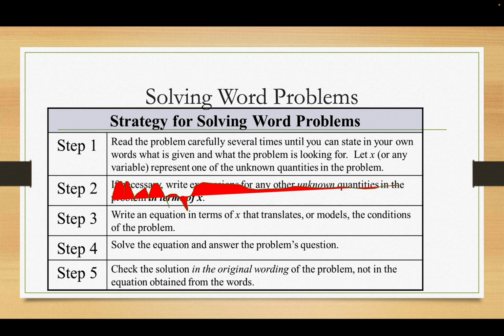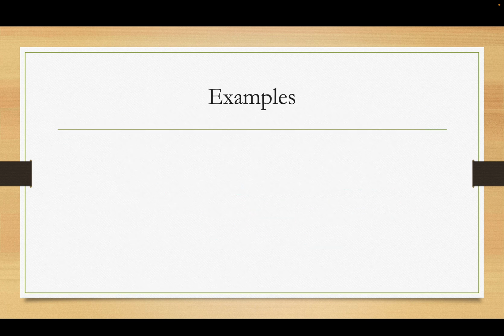That in turn will help you write the equation that's being modeled in the problem. Then you solve it. Okay? So make sure that you underline or highlight anything you think is important in a word problem. Okay? Make sure you use whatever's underlined. If you underline it, it's important. It better be used in that equation.